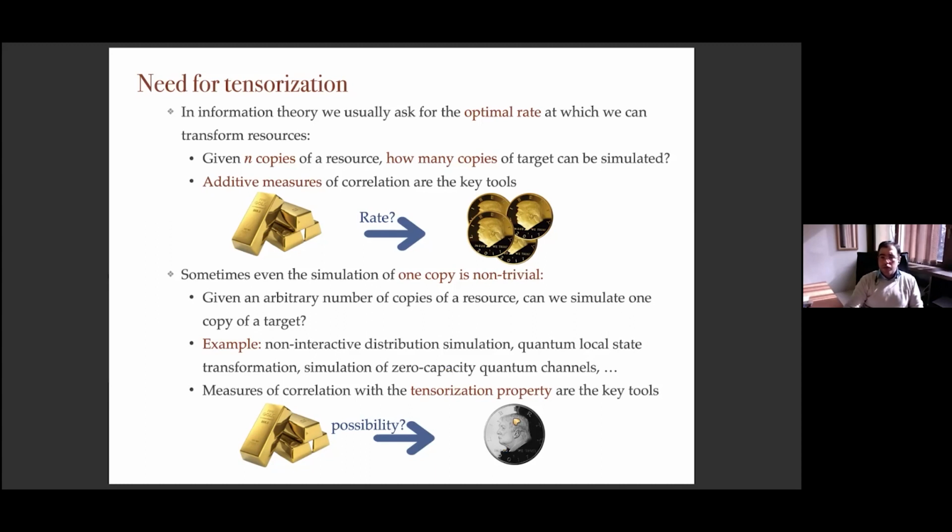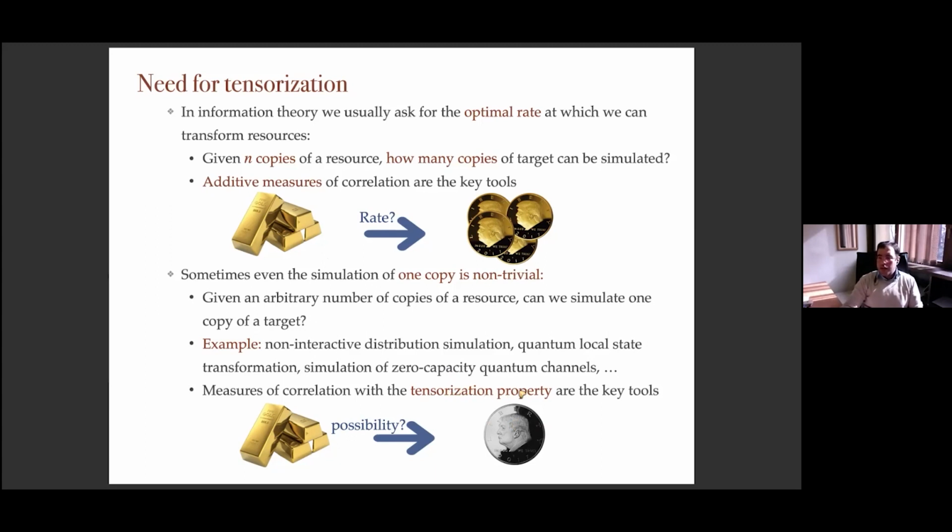But sometimes the target is completely of a different nature than the source. And this tensorization property is going to somehow capture this nature. It kind of gives me, okay, the nature of this target is completely different than the nature of this source, so you cannot transform them to each other.